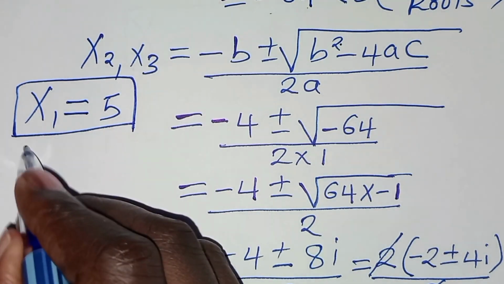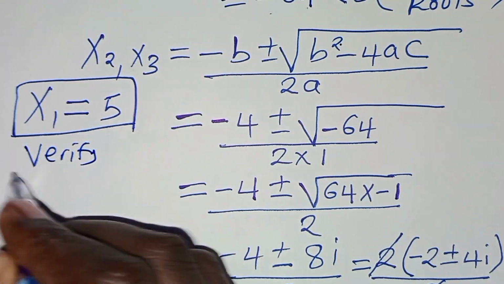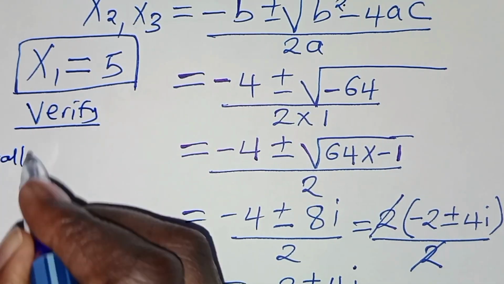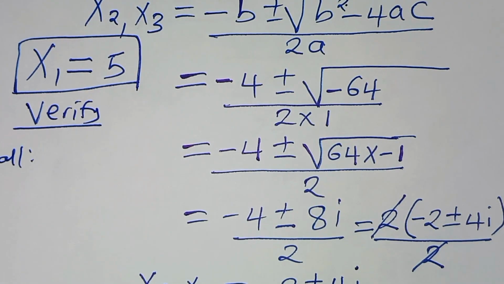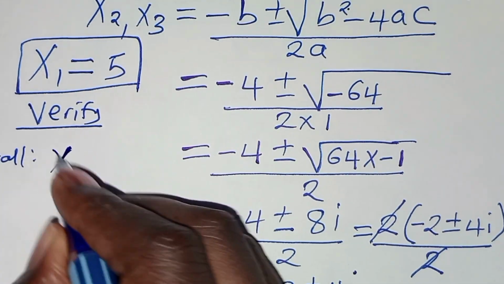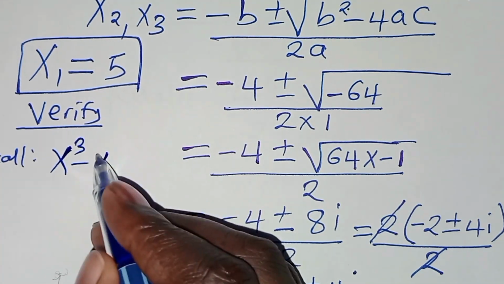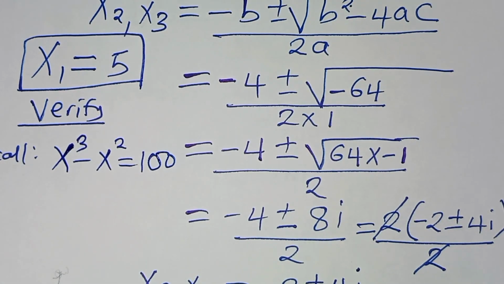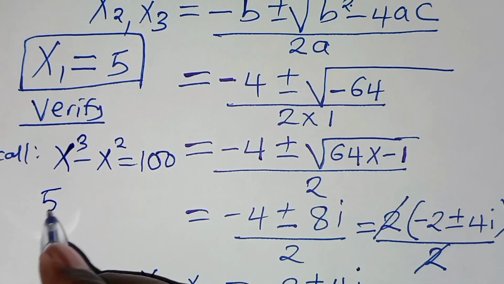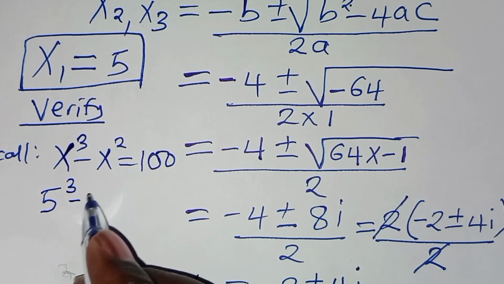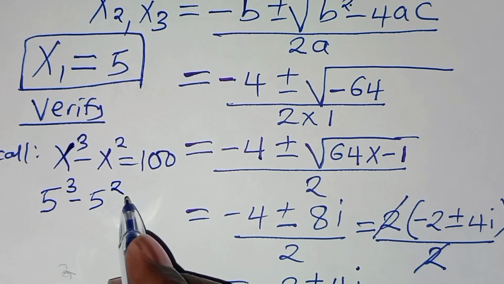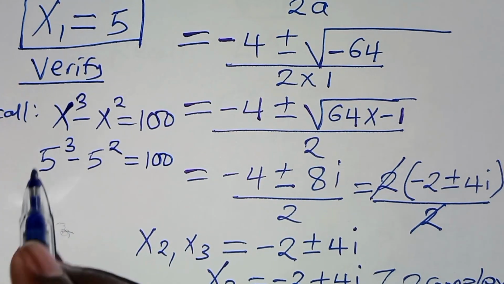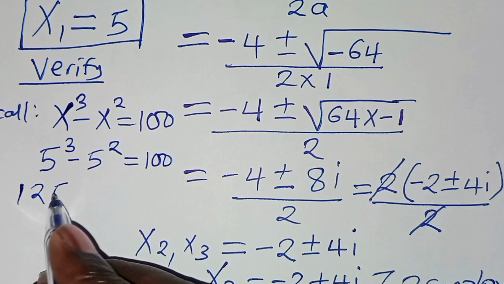So let's verify here. If you recall, we had that x to the power 3 subtract x to the power 2 should give us a value of 100. So x here is 5, so this is 5 to the power 3 subtract 5 to the power 2, which should give us a value of 100. 5 to the power 3 here is 125.